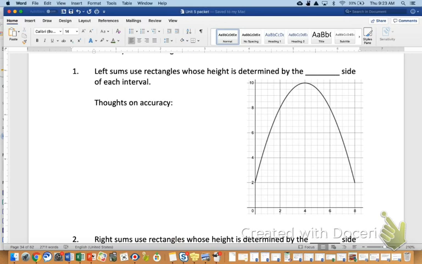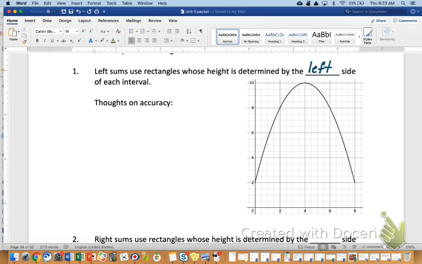The first one is a left sum. A left sum uses rectangles whose height is determined by the left side of each interval. Essentially, we're looking at how you could estimate the area between the x-axis and a curve like this using rectangles.